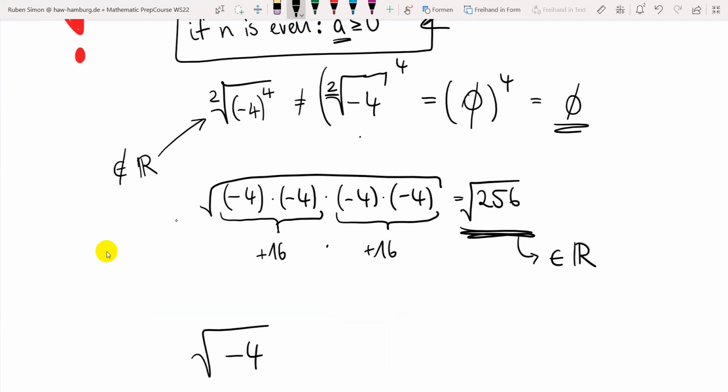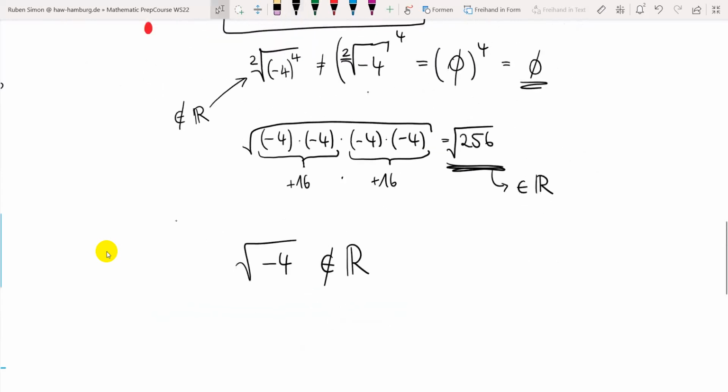Okay, in this case, this is quite simple, actually, because you would say that this is not a real number, and you would be all right. So this is no real number. You can spot this right away.